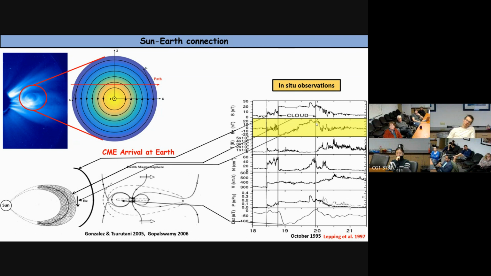So now we get to know something about the magnetic field structure of coronal mass ejections. But the important aspect is that when this has a southward component of magnetic field, then its orientation is opposite to the orientation of the Earth's magnetic field. So with this kind of configuration, when this structure reaches close to the Earth, what happens?